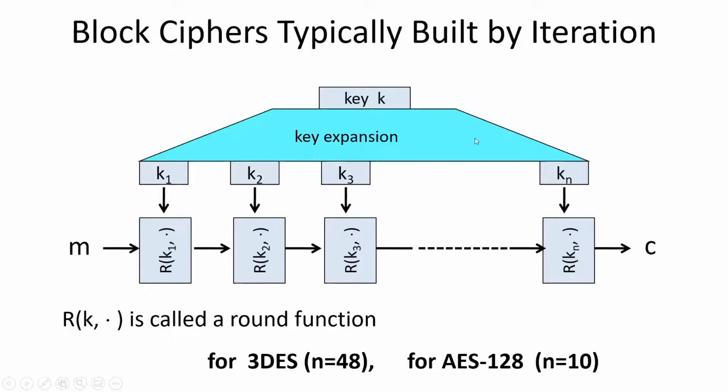So it creates the same expansion table of keys, and then has a circuitry that computes R inverse on this sequence of keys in the other direction. They also differ by how many of these round functions they use. And intuitively, triple DES, hold on a second.